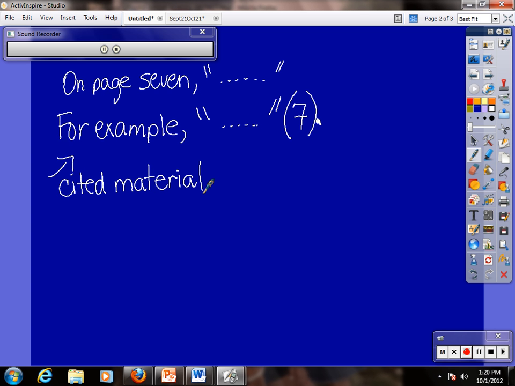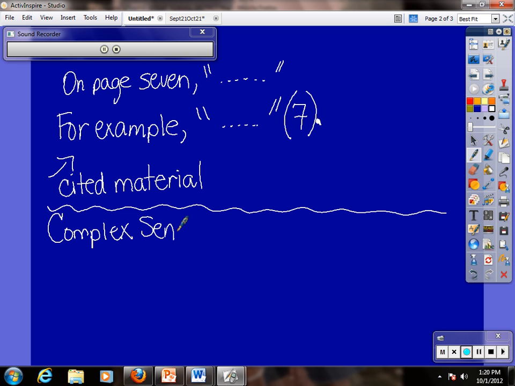Another thing we talked about were complex sentences. So in a complex sentence, you've got independent and dependent clauses joined together.